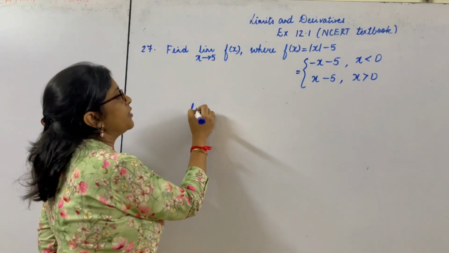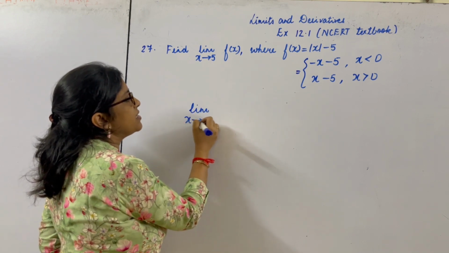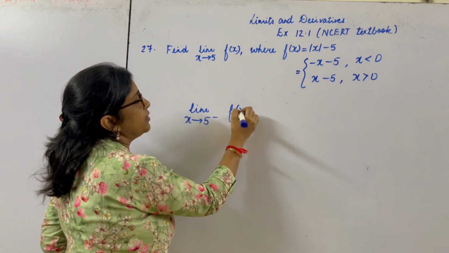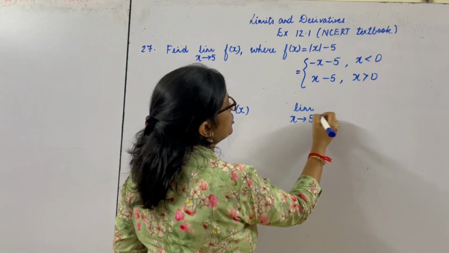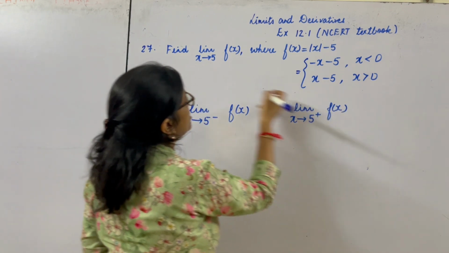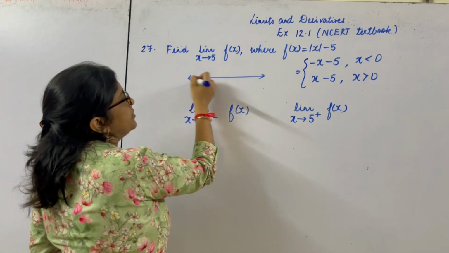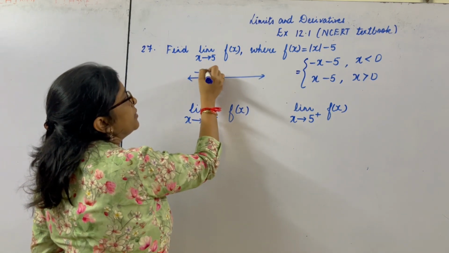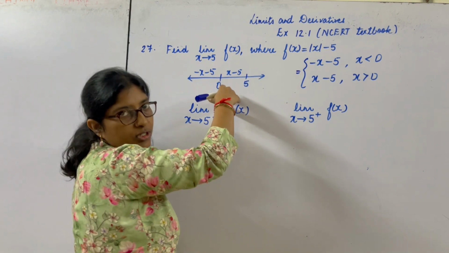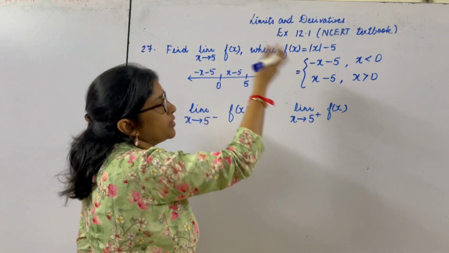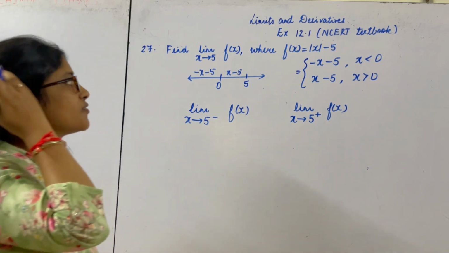Okay, so the critical point being 0, let us redefine this function for less than 0 and for greater than 0. For less than 0 it is minus x, and for greater than 0 it is x. So when I find the limiting value for less than 5 and for greater than 5, what is the function around 5? At 0 it is different. At 5, the left side of the function is x minus 5, and the greater side is also x minus 5.